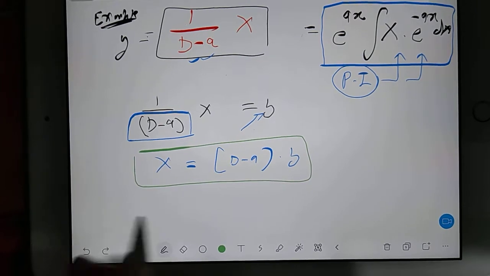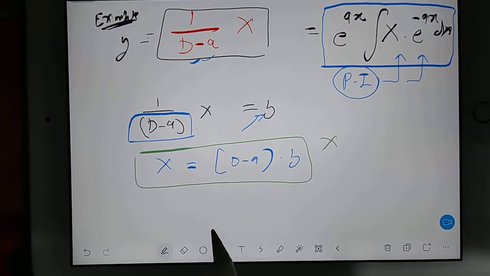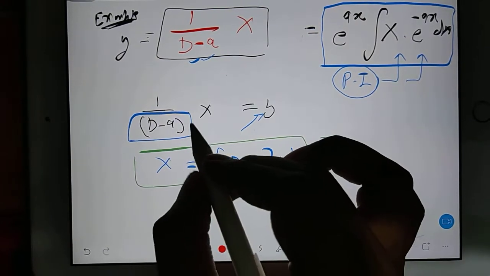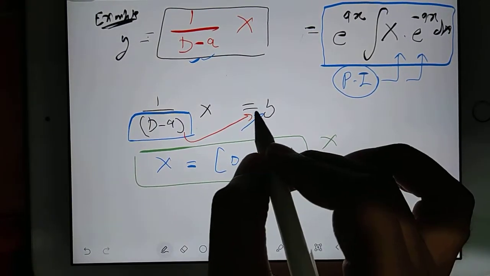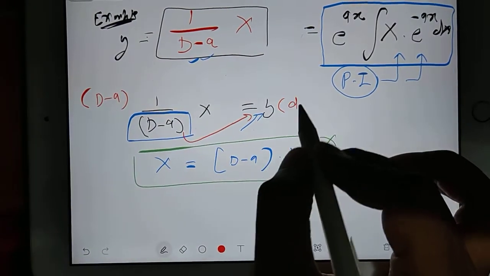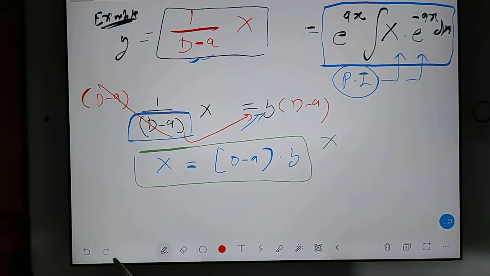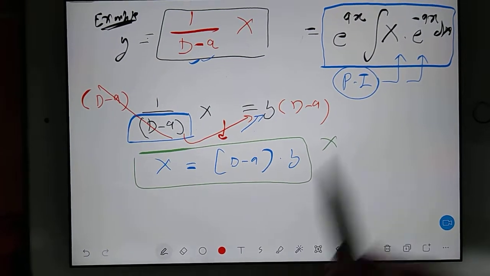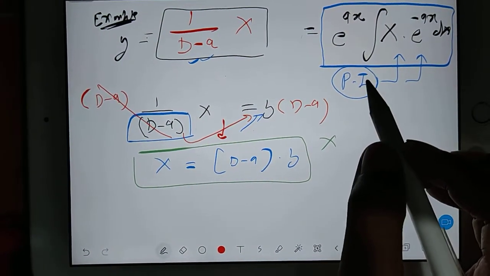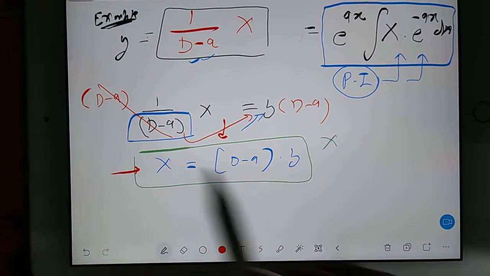But actually mathematics does not allow this. What mathematician says, you don't teach your students that multiply this here. Mathematician says you multiply D minus a here also and multiply D minus a here also. Then you cancel these two terms and then you land to this step. See, there are some restrictions. So I'm just following that. So reality is actually how I'm getting this step. I'm getting this step like this.